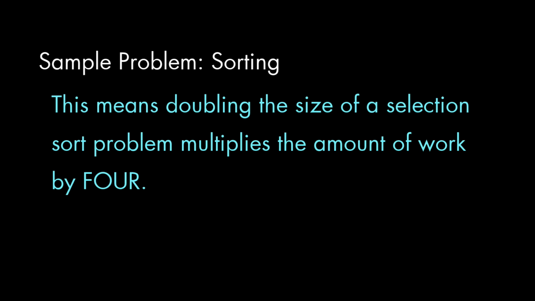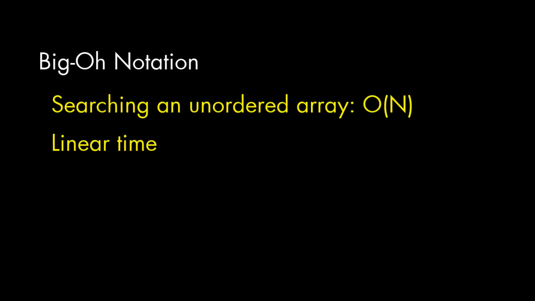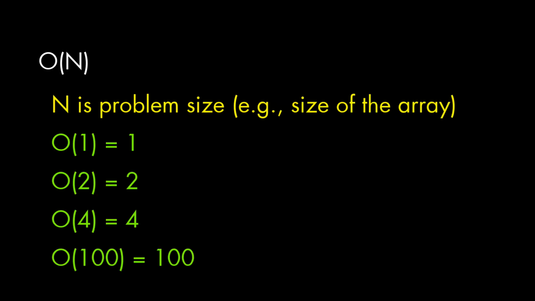Now, in terms of the official Big O notation, the search algorithm we would call Big O of n, or linear time performance. N is the size of our problem, so Big O n says the increase in time in the worst case is directly proportional to the increase of the size of the problem. Increase the problem by a factor of 2, time goes up by 2.